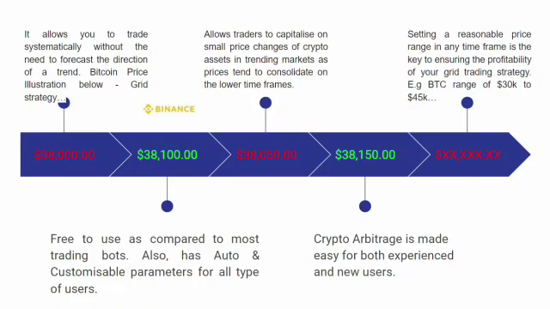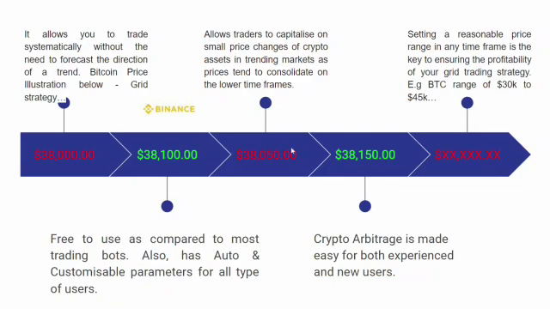The Bitcoin price illustration below is a grid strategy in which BTC is at $38,000 initially and the buy order has been filled automatically. The next thing that occurs is a sell order at $38,100 for the BTC that you bought at $38,000. So in this scenario you made $100 worth of profit.